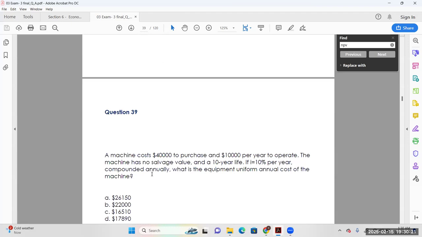So next is a machine cost $40,000 to purchase and 10,000 per year to operate. The machine has no salvage value and a 10 years life. If I is 10% per year compound annually, what is the equipment uniform annual cost? How will we do this one?